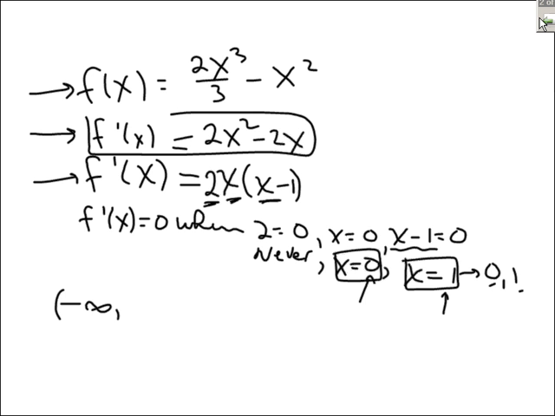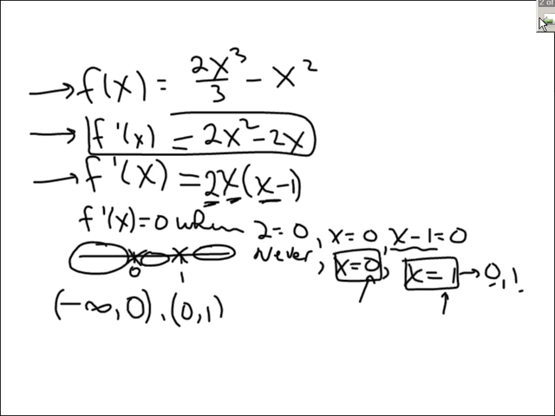Here's a number line, here's 0, here's 1. We don't want to include these numbers. So we want to include from negative infinity up to 0, from 0 to 1, and then from 1 to infinity.